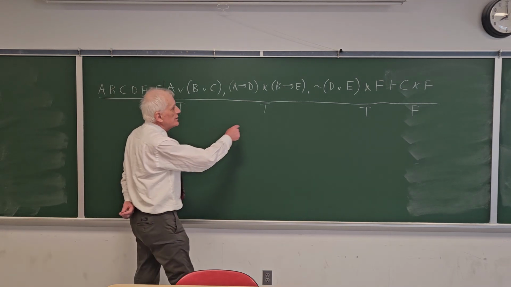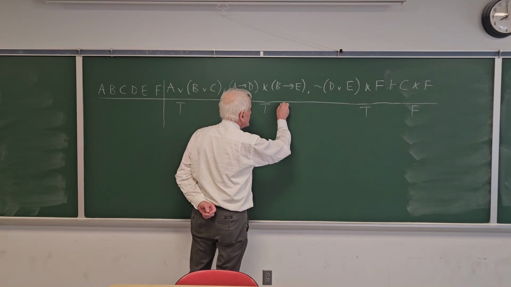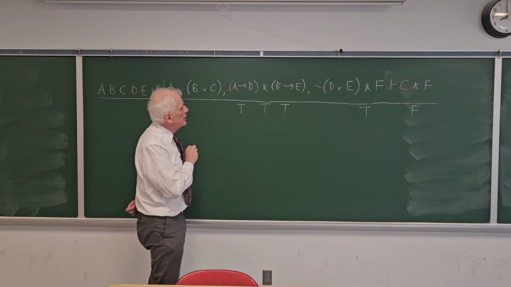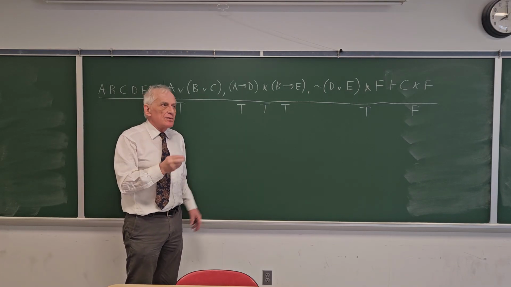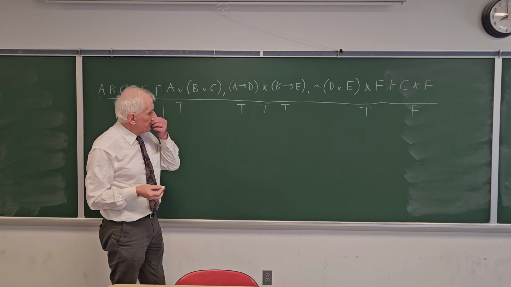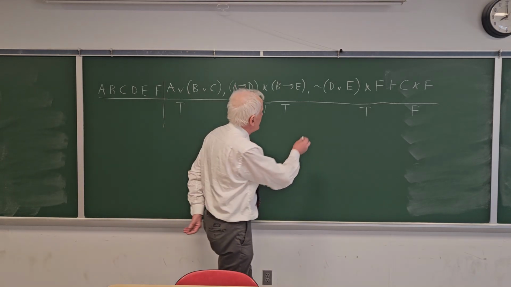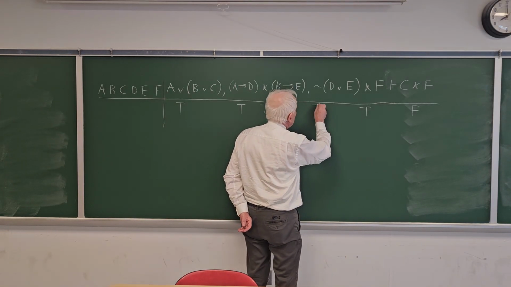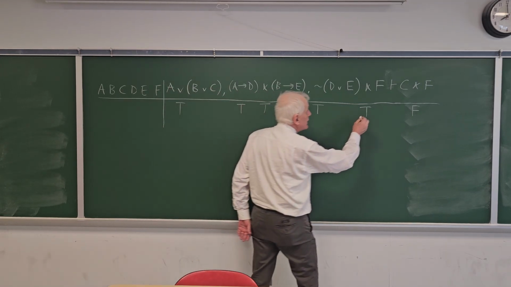With the second premise, it's a conjunction, so its conjuncts must be true. But there are three ways to make conditionals true, so we still have lots of choice there. But when we come to the third premise, we don't really have any choice. The left conjunct must be true to make the conjunction true, and so must the right conjunct.